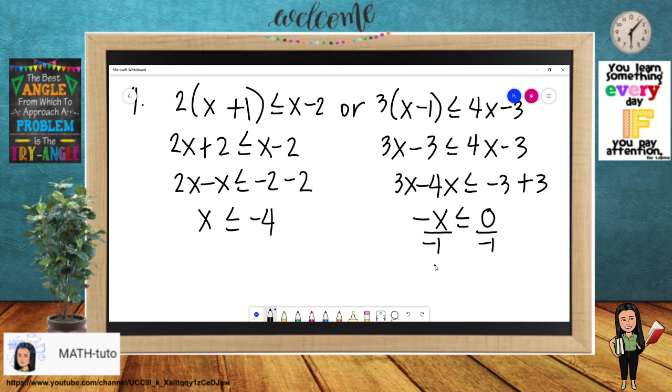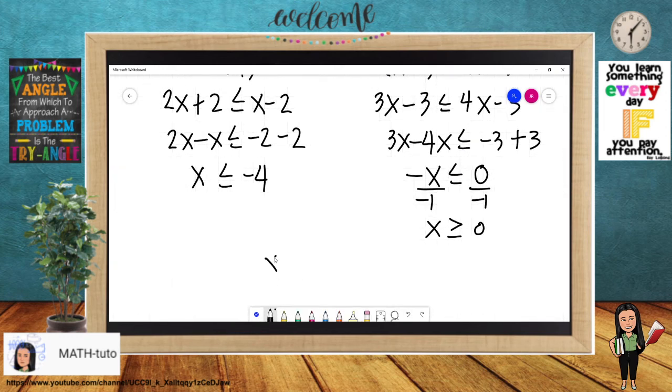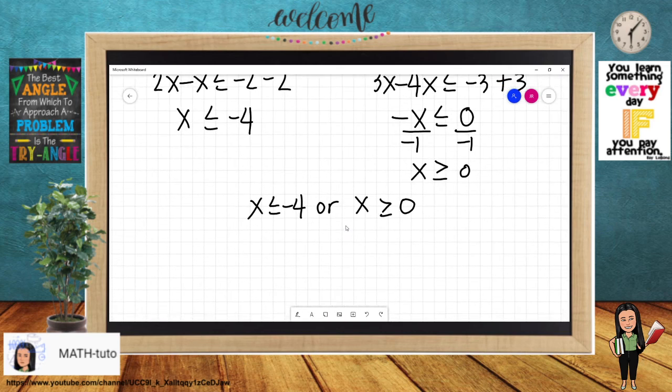So, this is x, and it becomes greater than or equal to 0, because 0 divided by negative 1 is just 0. So, our solution will be x is less than or equal to negative 4 or x is greater than or equal to 0.